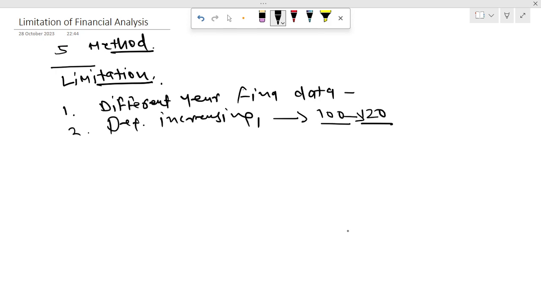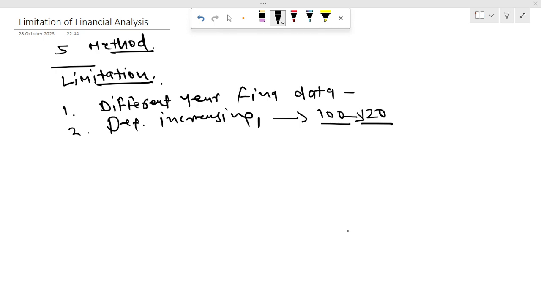But you are not checking whether the company changed its accounting policy to calculate depreciation. There are different methods to calculate depreciation. If the company has changed the method from SLM to WDV, then this figure can change. But at the time of analysis, you do not consider these things. So this is again a big limitation.